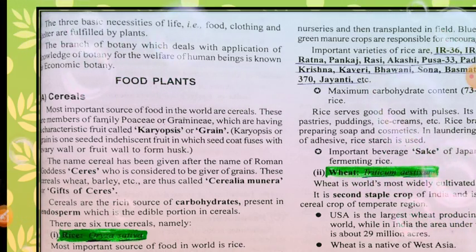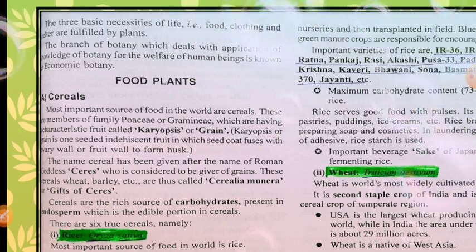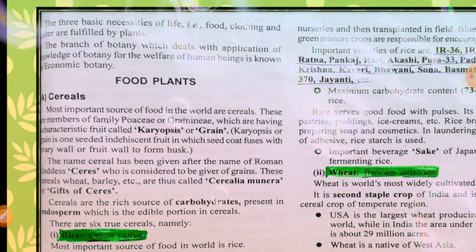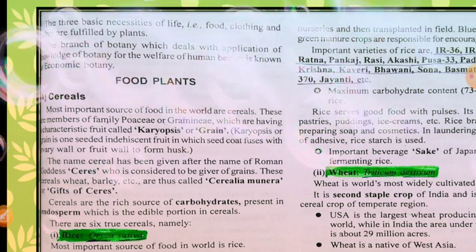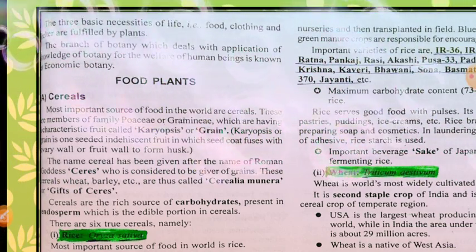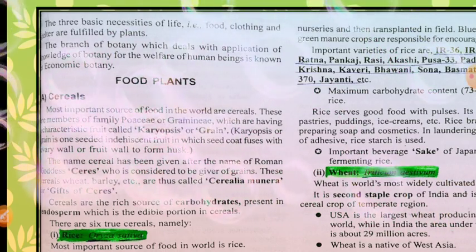So first of all, today we are just going to study the food plants. What are the different types of foods, and which types of plants do we get food from? So let's start with the food plants.